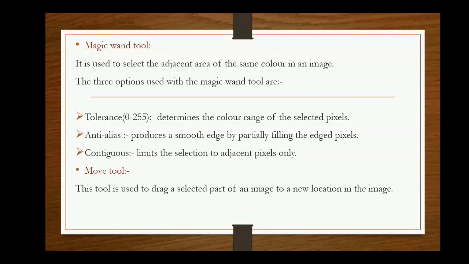All the colors are made up of only three colors: RGB, red, green and blue, and their range is 0 to 255. Anti-alias produces smooth edges by partially filling the edged pixels. Contiguous limits the selection to adjacent pixels only. These are the parts of the magic wand tool.